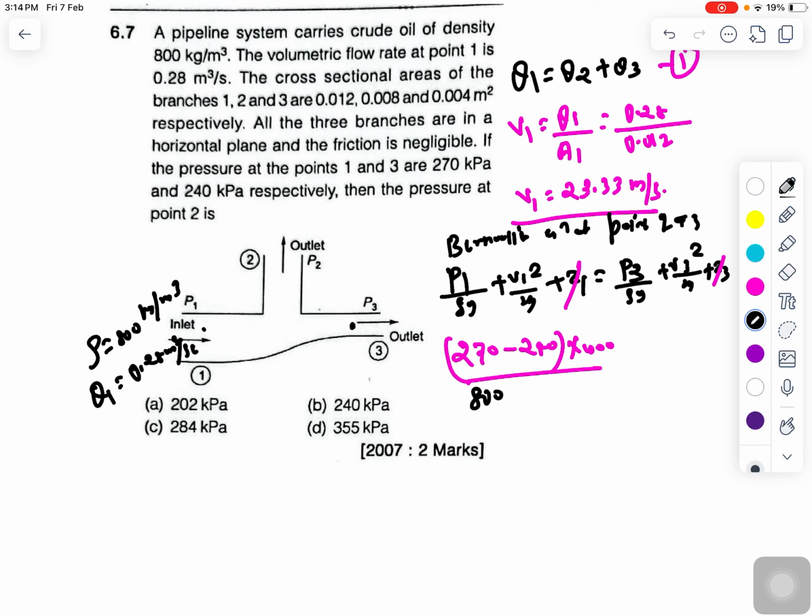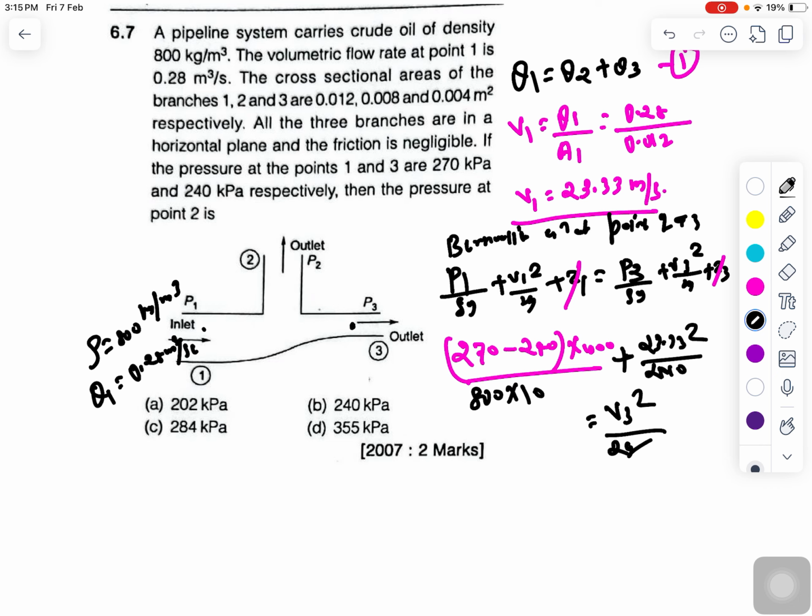So 800 multiplied with acceleration due to gravity, I am assuming is 10, plus v1 square. v1 square is 23.33 whole square divided by 2 into 10, that is equal to v3 square divided by 2g. So from here I can calculate v3 square.